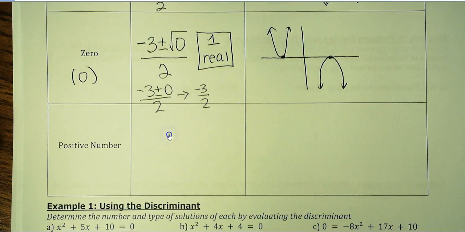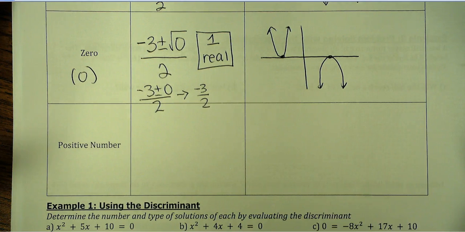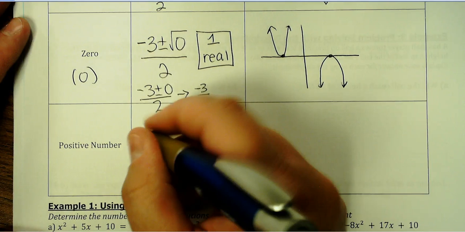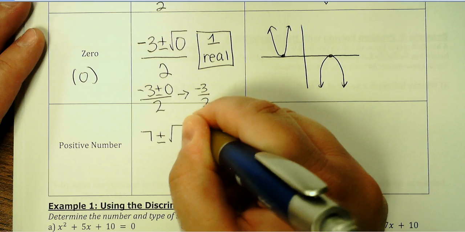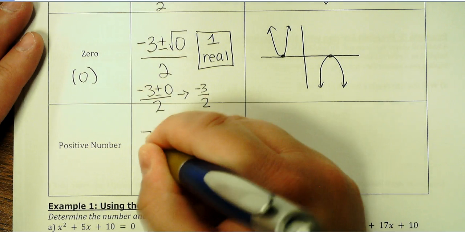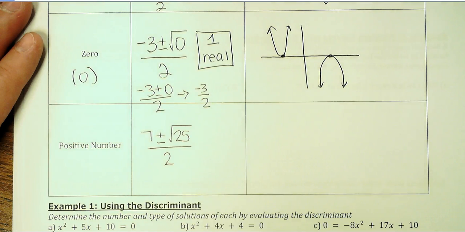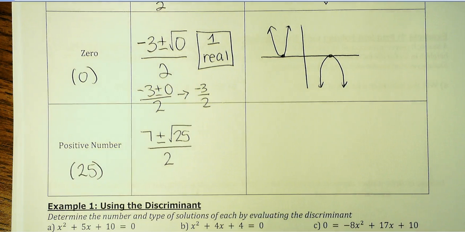Okay, now your last option is if that discriminant is a positive number. So again, I'm just going to make something up. Let's say we have 7 plus or minus, and I'll do something so we have a nice square root. Let's say this was 25 and this was 2. So the 25 would just represent the discriminant.